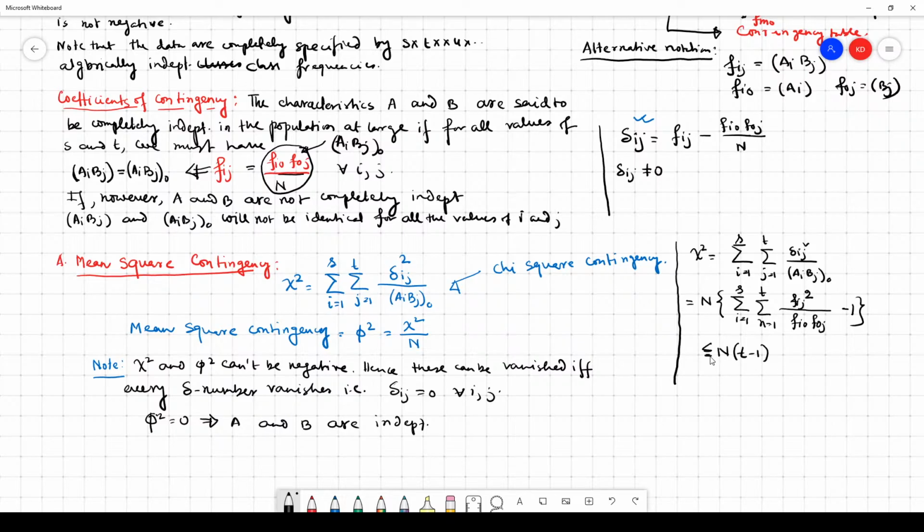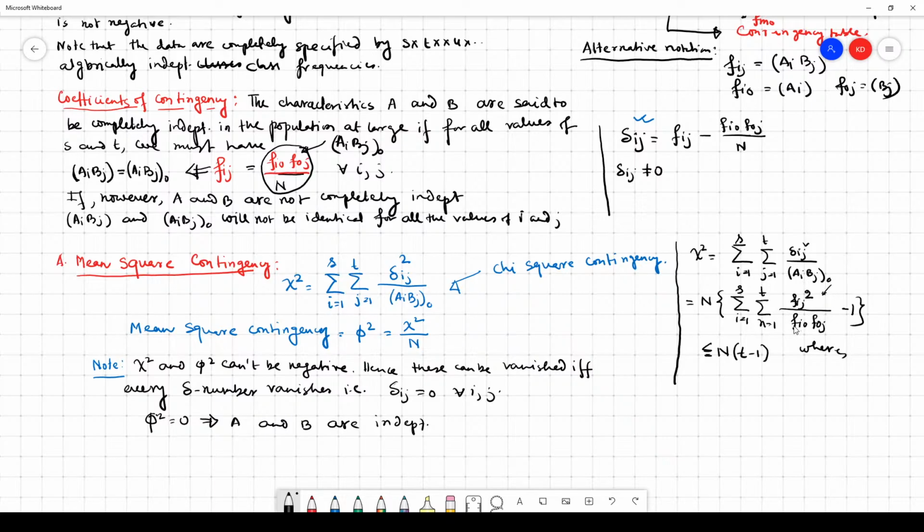I think it's better to write less than or equal to n into t minus 1. Actually I write delta ij equal to fij minus fi naught f naught j by n, whole square. Just break the square and get this.